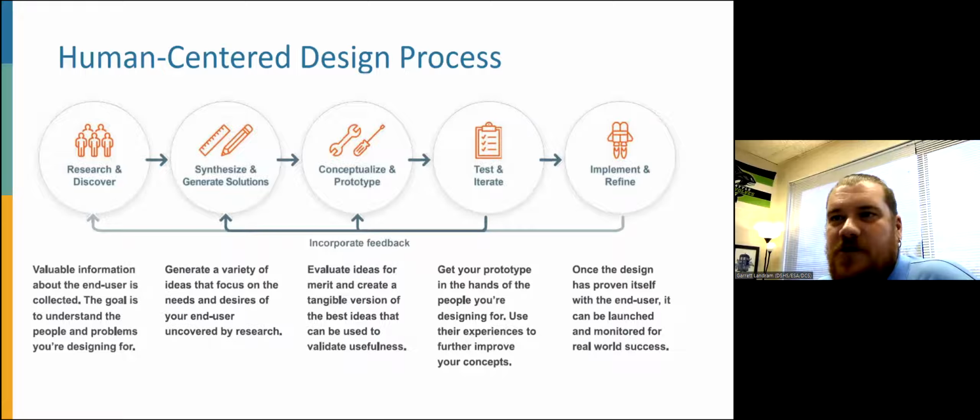So in this phase, you're getting the prototype into the hands of your end users. You're taking their experience and feedback, and you're using that to improve your prototype. And then finally, we're going to get into the implement and refine stage. So once your design has proven itself with the end users, it can be launched and monitored for real-world success.